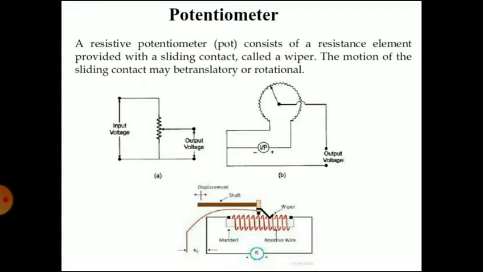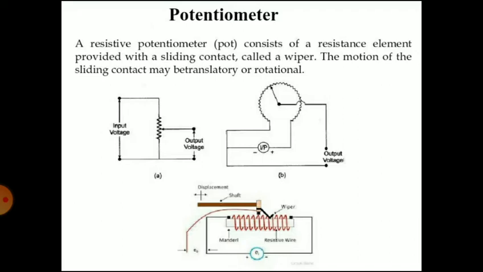Basically, a resistance potentiometer, or simply a pot, a resistive potentiometer used for purposes of voltage division is called a pot, POT. It consists of a resistive element provided with a sliding contact. This sliding contact is called a wiper.